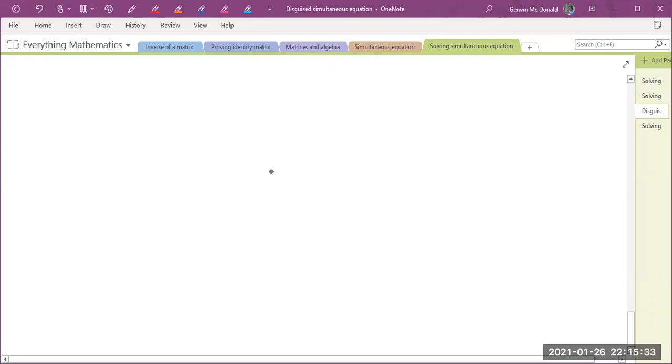And then we're going to do the last one, question 3. And that is if you meet up with a word problem. So here you have a scenario.